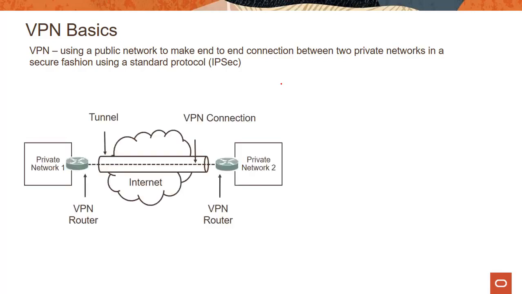So this is basically how the VPN works. You have two different networks here. There's a private network 1, private network 2, and they want to create an end-to-end connection over an unsecure channel like an internet, and using VPN, they could do that.